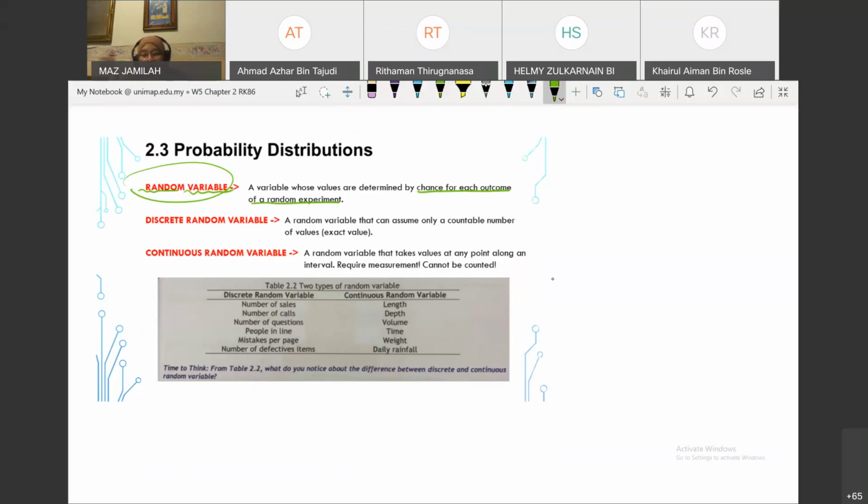If you are talking about throwing a dice which has 6 faces, then the probability is 1/6. If you are talking about the experiment of tossing a coin, then the outcome is either head or tail, that will be 1/2 and 1/2.